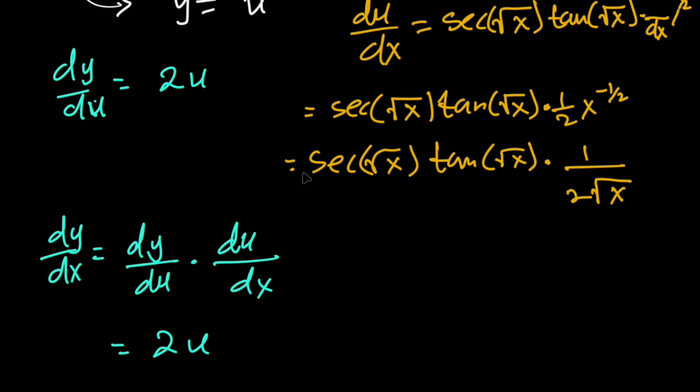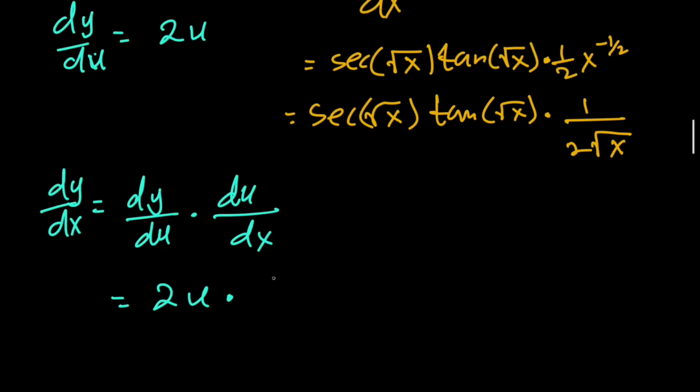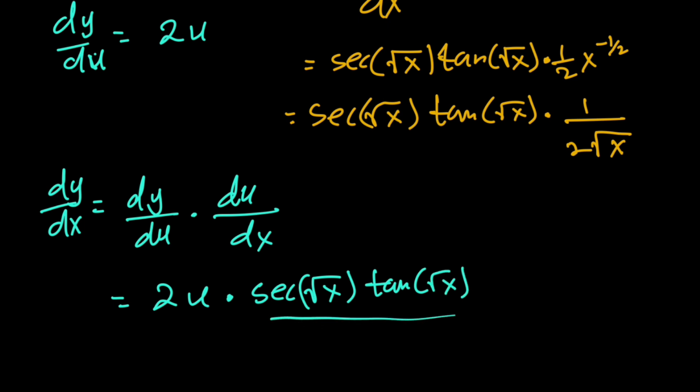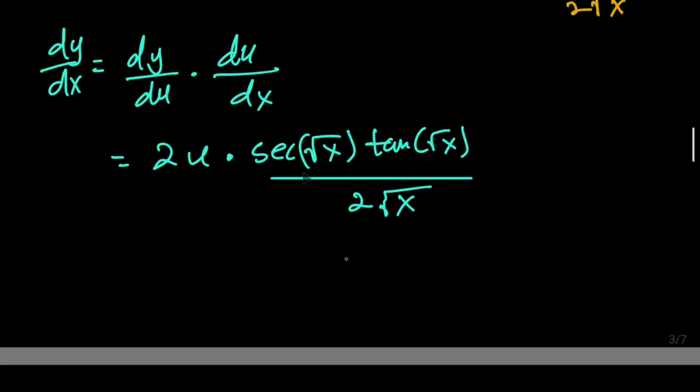So we are going to have this, times secant square root of x tangent square root of x, all divided by 2 square root of x. So this is what we have. And you notice that as it stands now, these two values can cancel out.